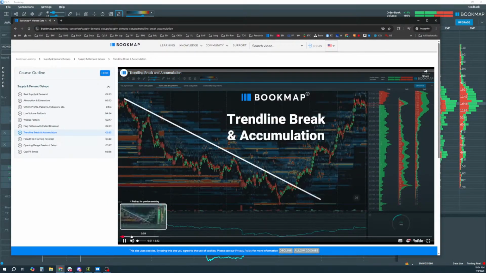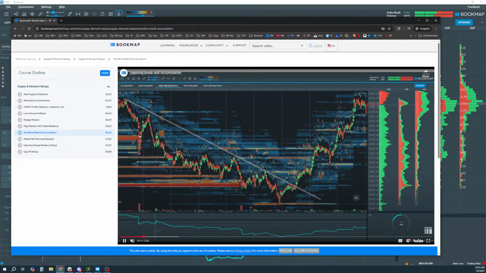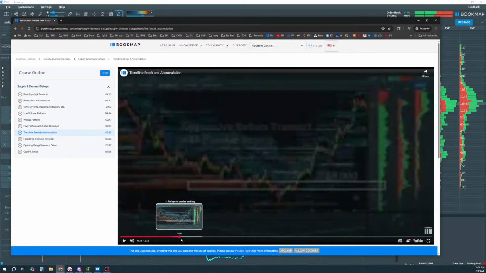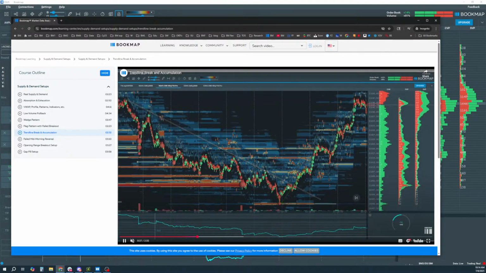Breaking trend lines can signal this, and this is accumulation passively on the bid right in here. You can see it here. Then we're looking for a structural break. It could be a trend line, it could be a horizontal line, it doesn't really matter, but structure has changed. Now we're looking for accumulation, not passively, but aggressively. The green dots are going to lift that market.